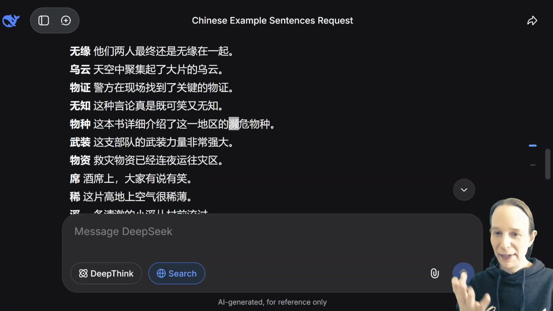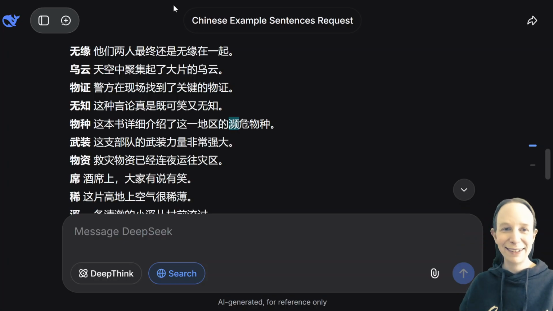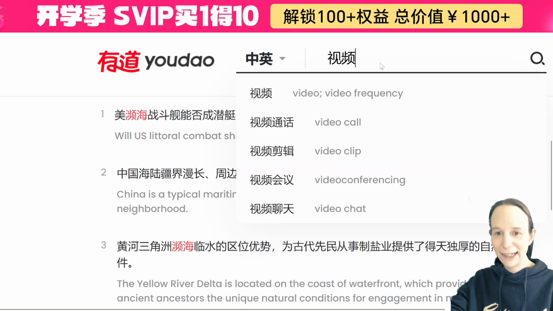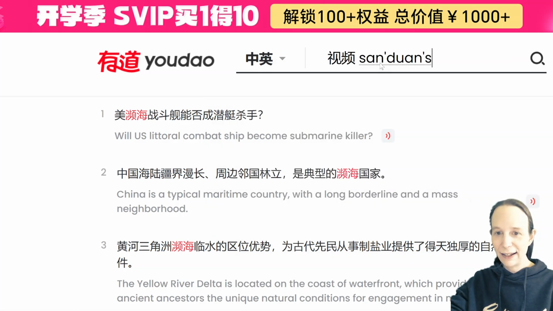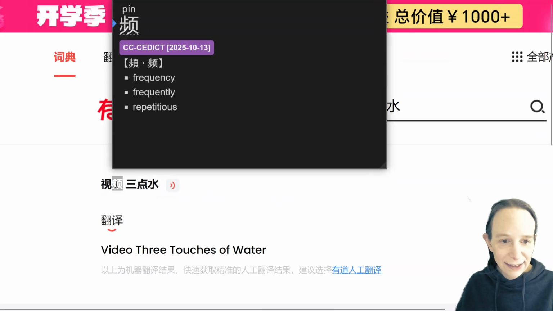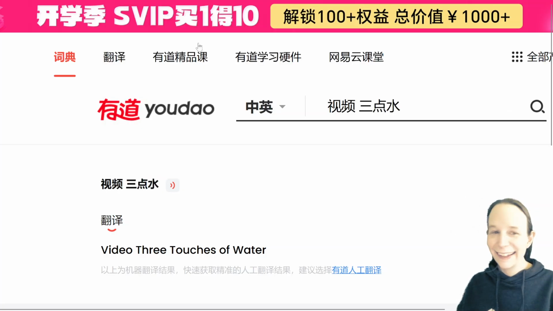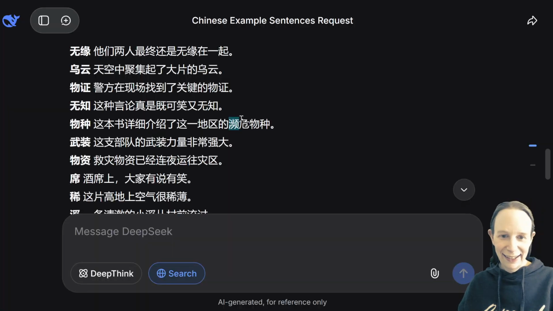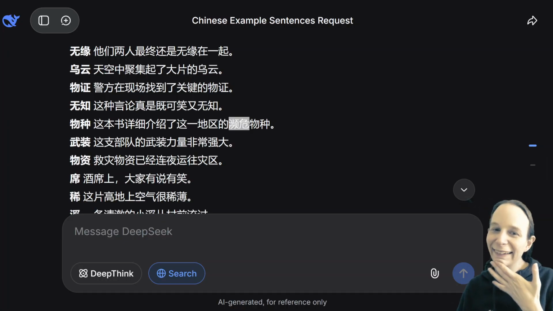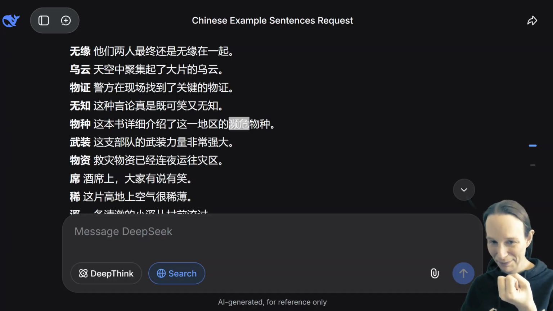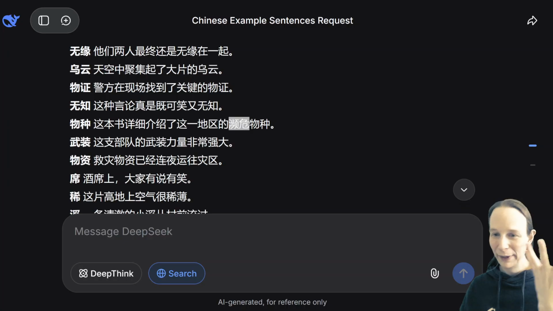It's 频 as in 视频的频, but you add 三点水. It looks kind of clunky or hard when you first see it, but when you realize it's just 视频的频 with 三点水, it's not so bad.